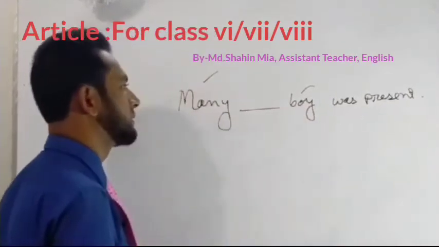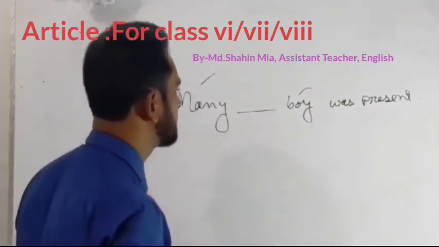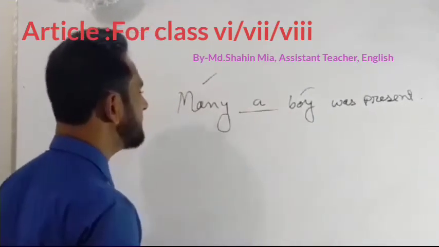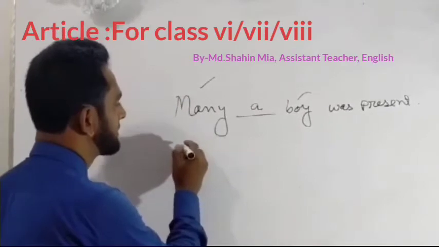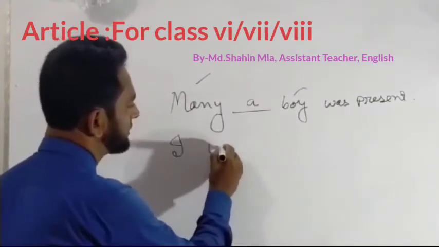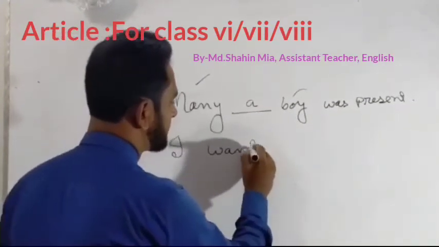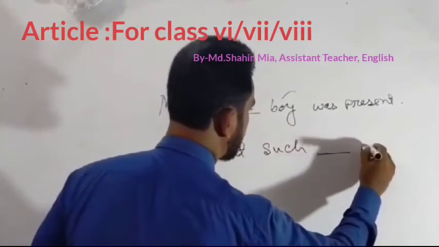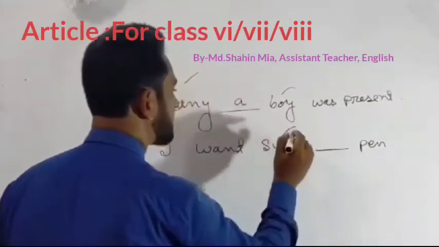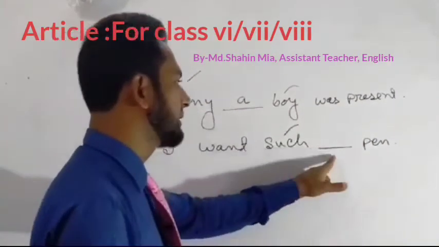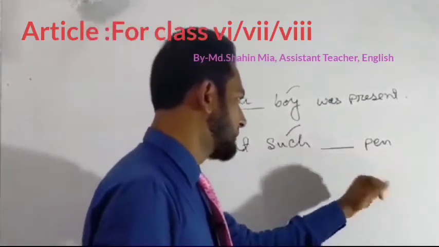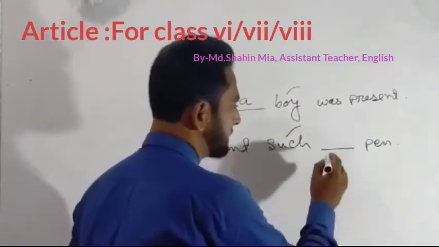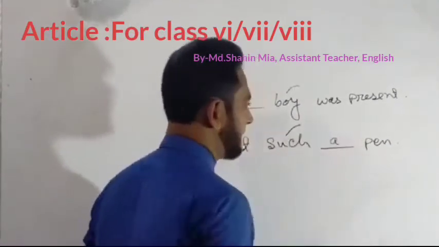Boy is a singular common noun. So here we can use article a. Next example. I want such a pen. Here after the word such is a blank and after the blank a common noun, pen. So we can use article a.